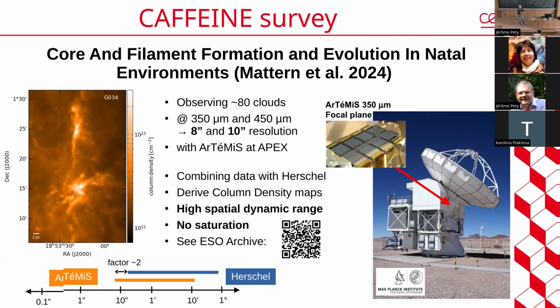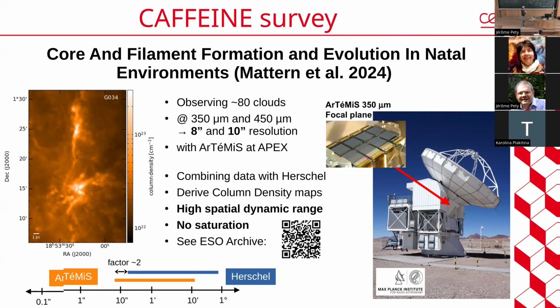Then we compute column density maps, which include all of the different scales from 8 arcseconds up to all of the Herschel parts. So we gain a factor of about 2 in resolution.